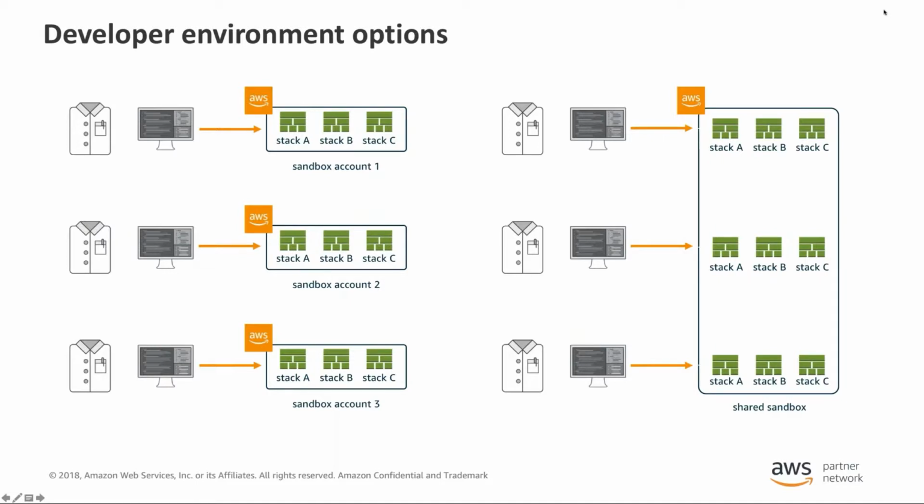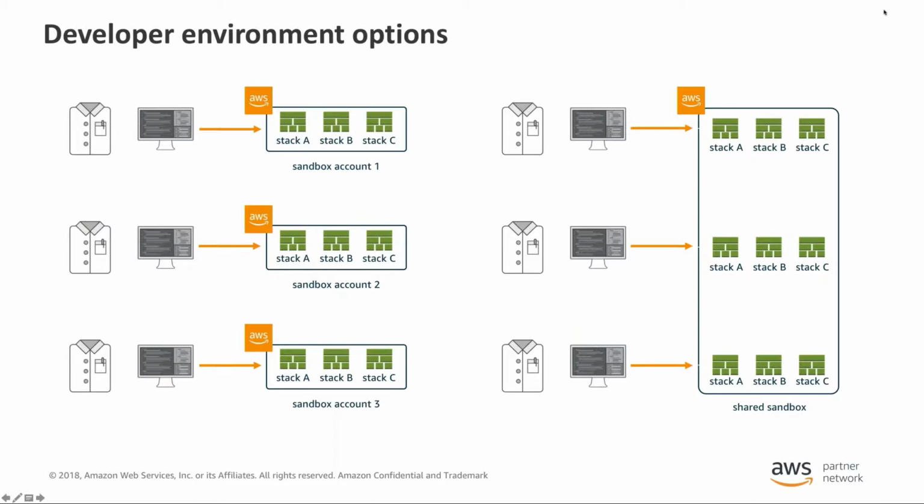Assuming that they've got the automation in place to help manage that, and a good strategy for how to manage AWS accounts at scale, definitely, if you can, provision a separate account or at least a set of accounts that the development team can all use and keep each other isolated from that perspective.